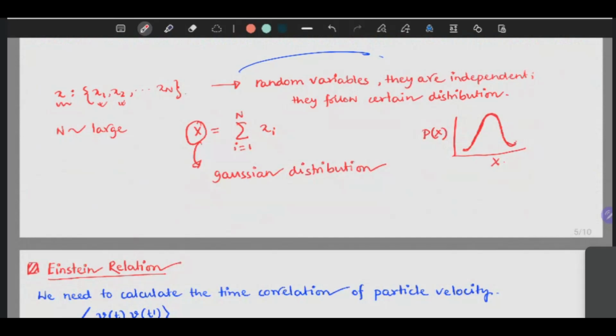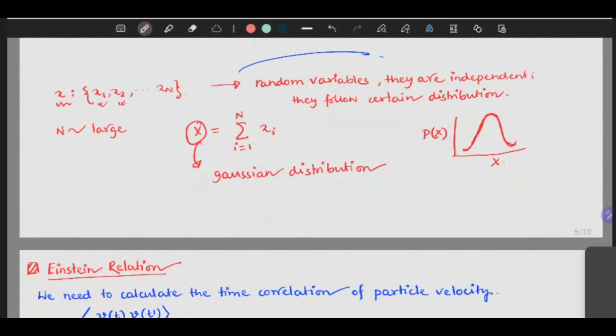Now this part a is 2 gamma kBT, so you can write 2 gamma kBT into tau_v, which is m by gamma, by m squared. From there you can easily get 2 kBT by m, or you can get 2D. So this will be around 2D, and if you take this will be 0, this will be 2D.